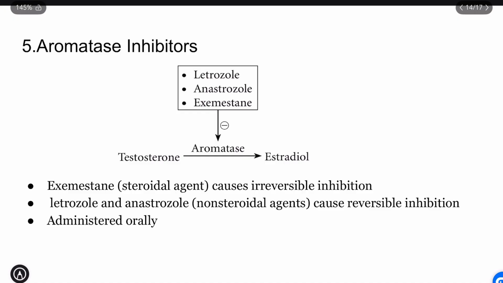Now there are aromatase inhibitors. Okay, so we have seen this. Aromatase is an enzyme helpful in production of estradiol from testosterone.